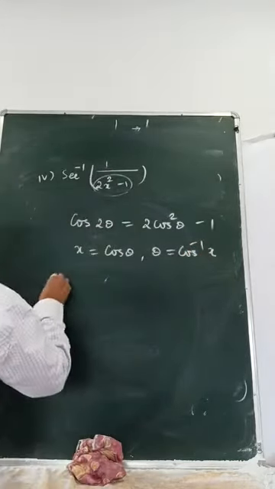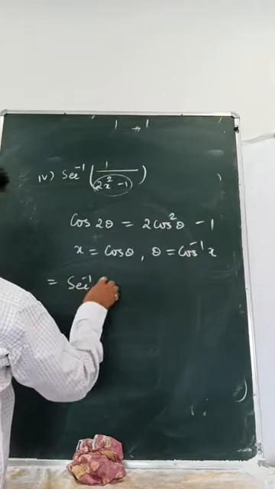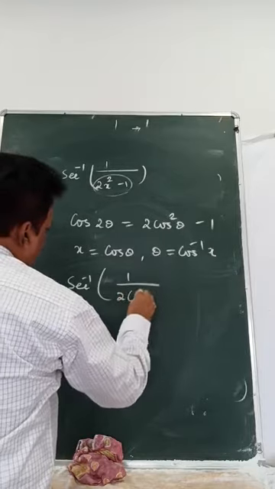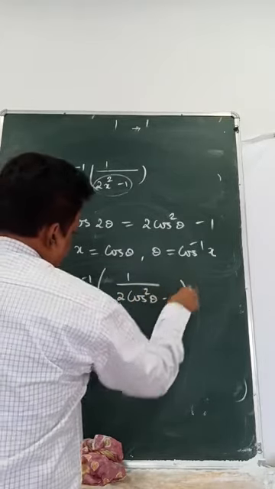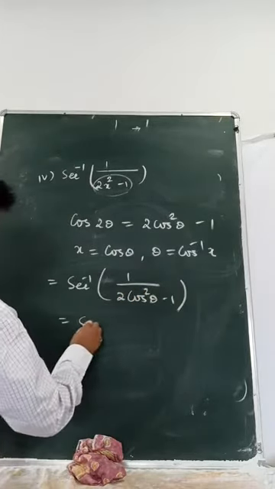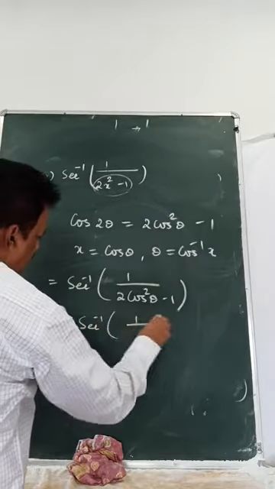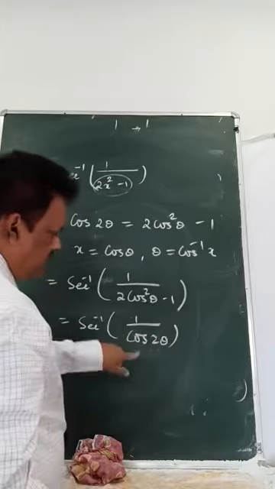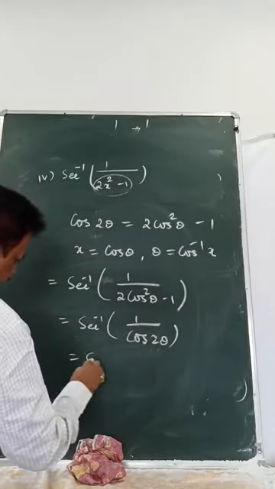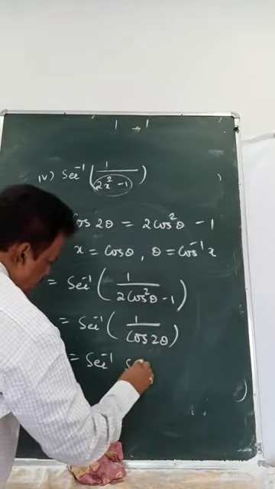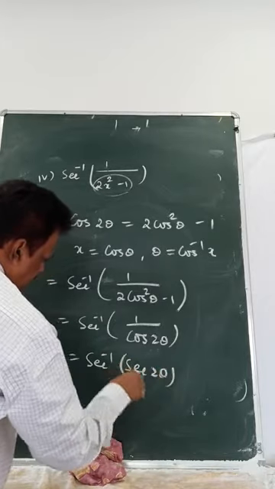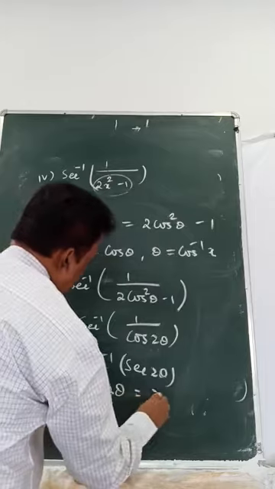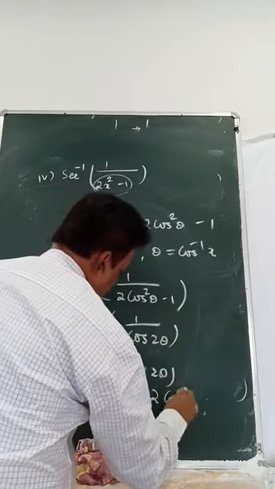So this will be sec inverse of 1 by (2 cos square theta minus 1), so sec inverse of 1 by cos 2 theta. So 1 by cos is sec: sec inverse sec 2 theta. Sec inverse cancels, so 2 cos inverse x.